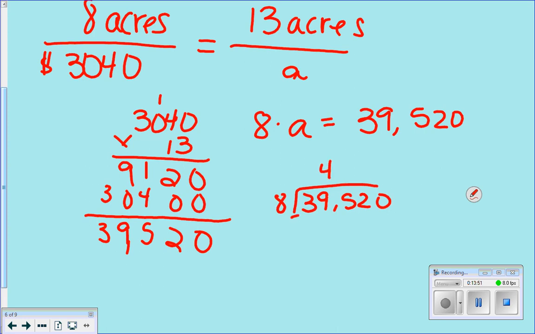Let's see. 4 minus 32. 9, 7, 5. 9, 7, 2 equals 32. That is perfect.